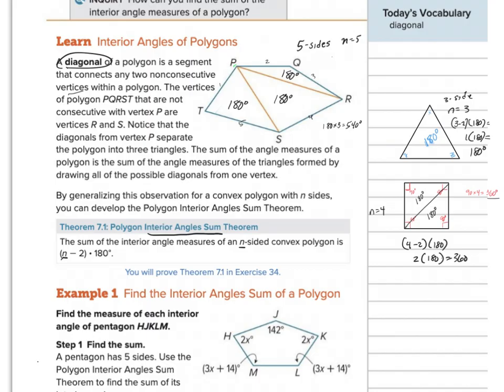And then my 5-sided object is 5 minus 2 times 180 degrees, which is equal to 3 times 180 degrees, which we just said is 540 degrees for the sum of my interior angles. We don't know what each individual angle is, but we know that all of them added up should be 540. Same here: we didn't know what the angles of the triangle were, but we knew that they added up to 180, and the same thing goes for the 4-sided. So using this formula allows me to make those determinations.